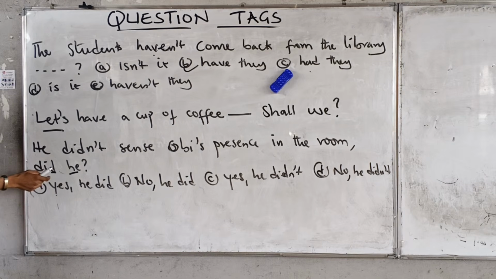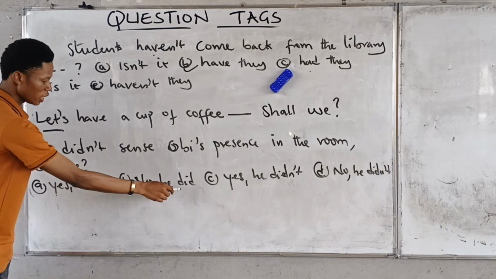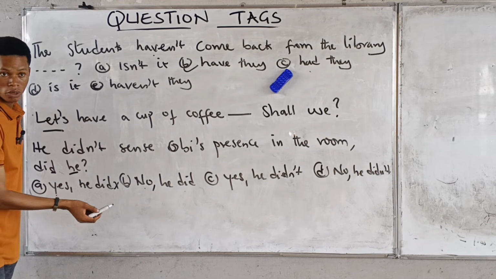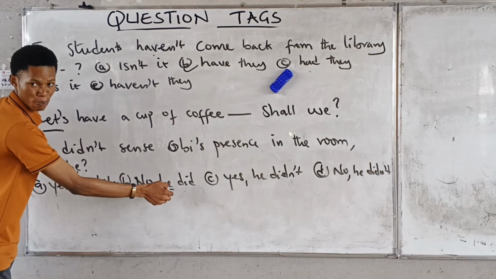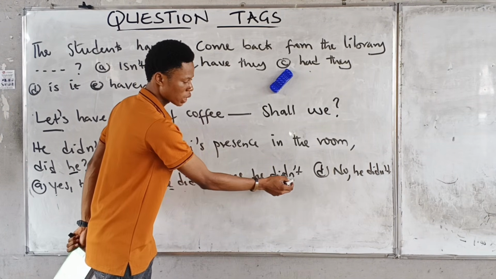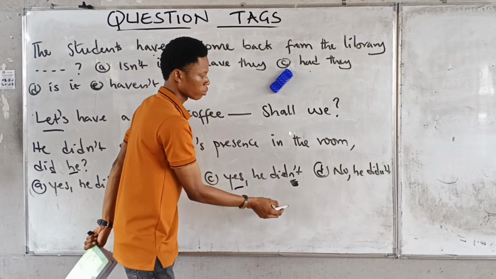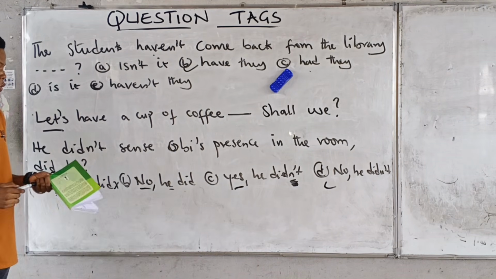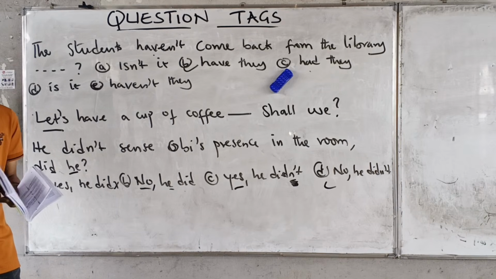Remember rule number 1: if the statement is positive, the tag should be negative. "No, he did": you cannot use no with positive. "Yes, he didn't": you cannot use yes with negative. "No, he didn't" is the right answer to that question.